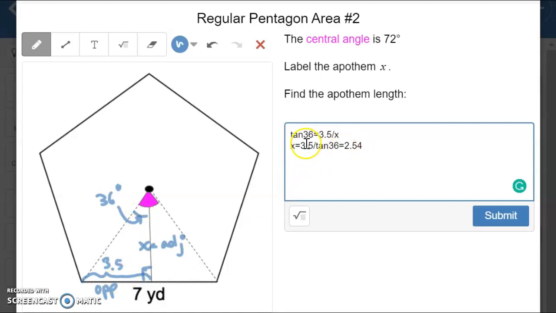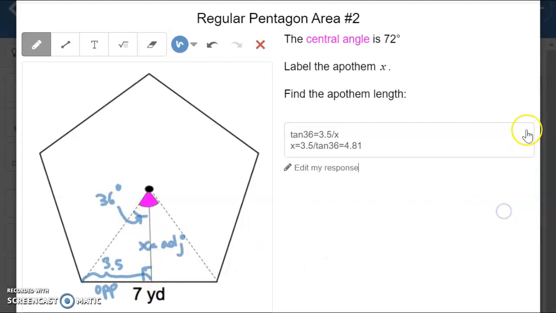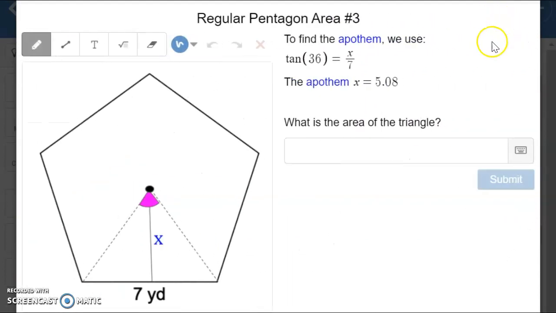So this tells me I've made a calculator error. When I check again, it is not 2.54, but 4.81. And that looks much better. 3.5 here, 4.8 here, that seems a lot more reasonable.